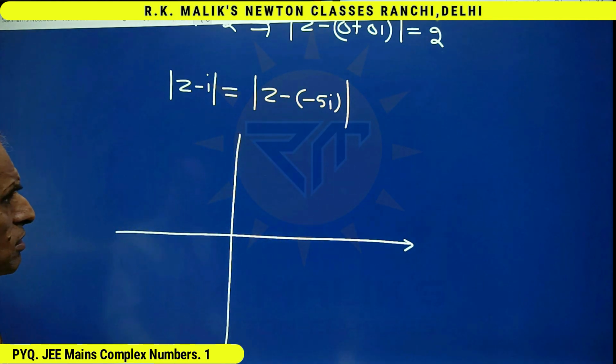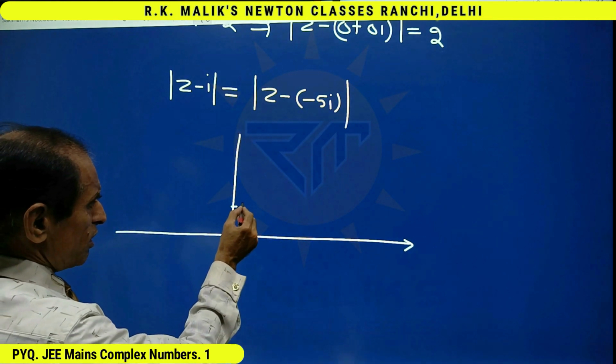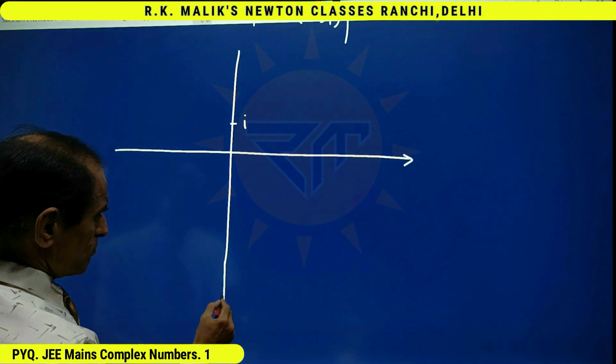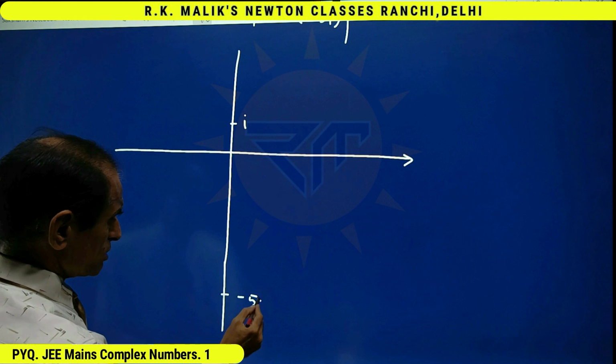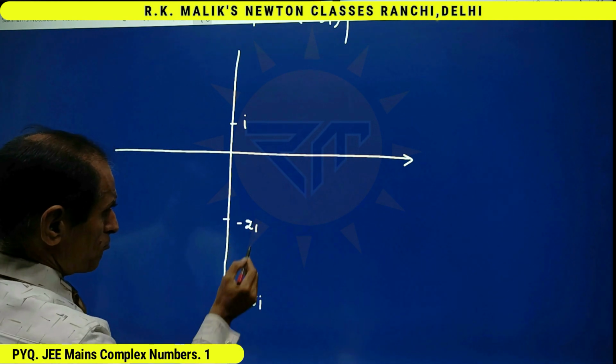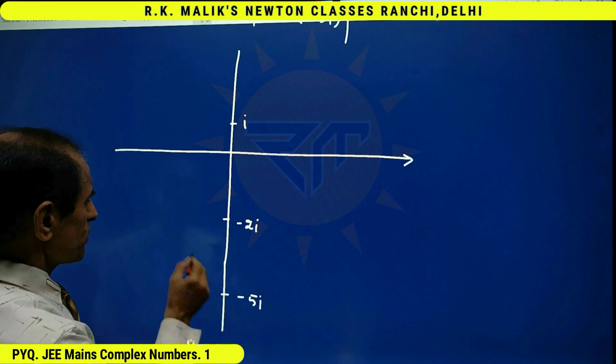That is, if iota is here, minus 5 iota is here, midpoint will be at minus 2 iota.